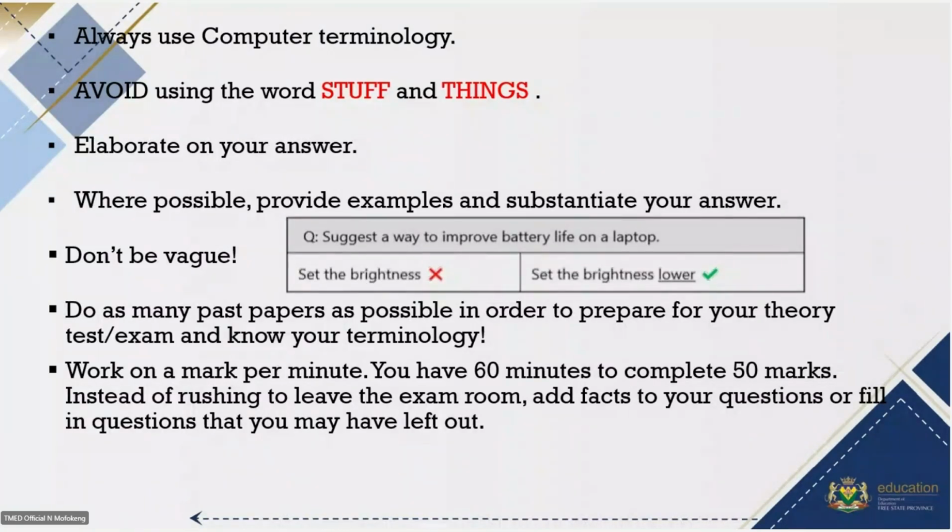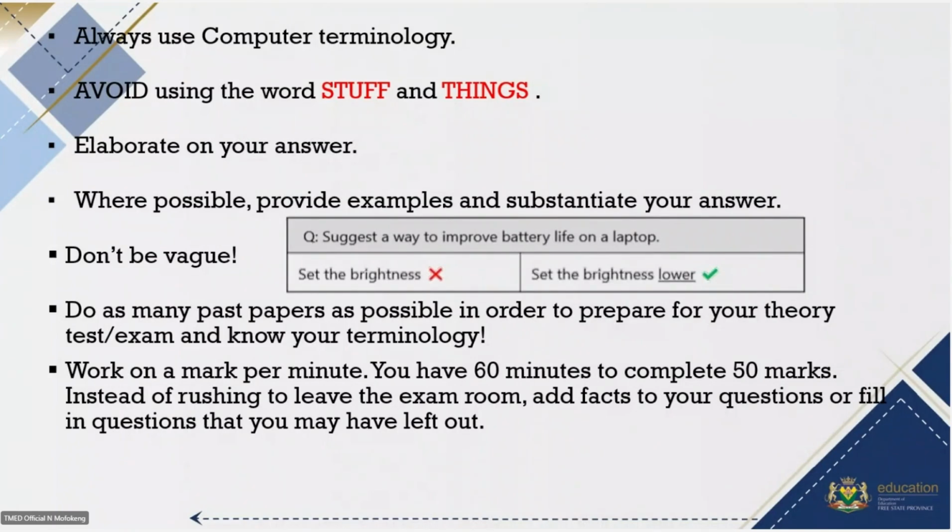If it is a device, it is a device. It's not a thing. So please be careful of that one. Where possible, provide examples and substantiate your answer. When answering, please don't be vague. Don't let the marker wonder what you meant by the response that you have provided.